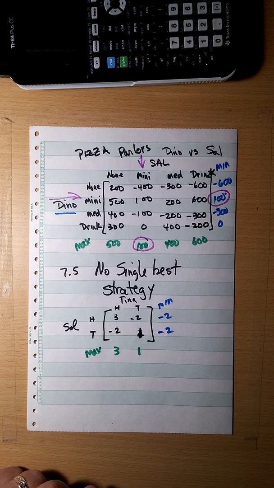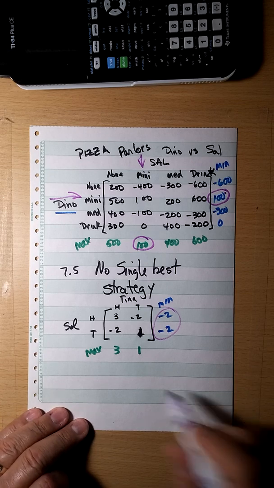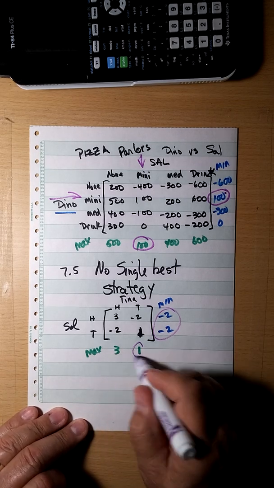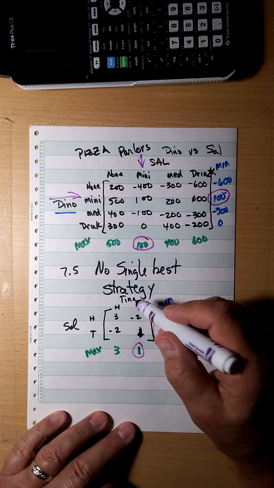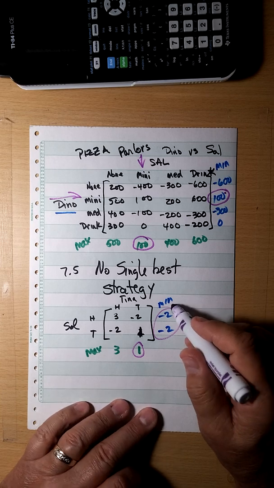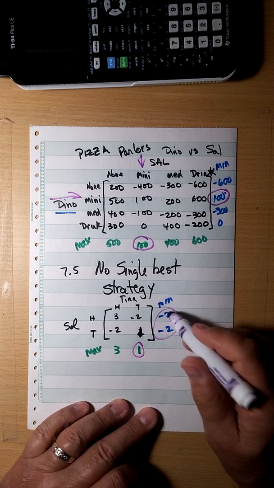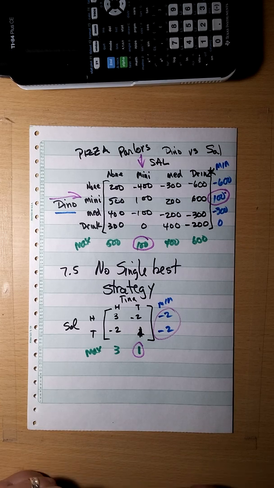The maxi-min, well, we've got 2 choices here. And the mini-max is the 1 here. So Tina should still always do tails. But now Sal has a choice here, because you could use either one.